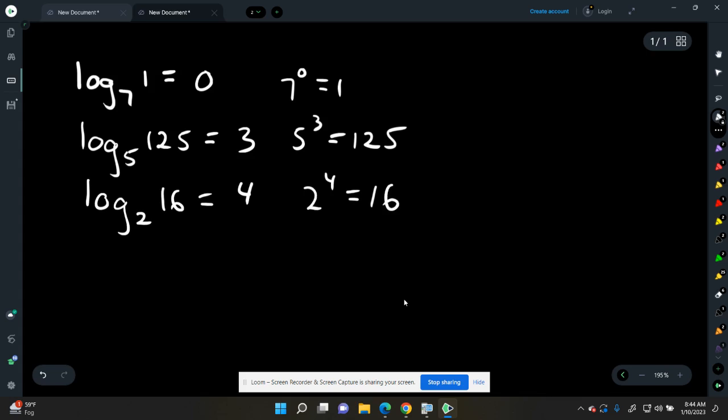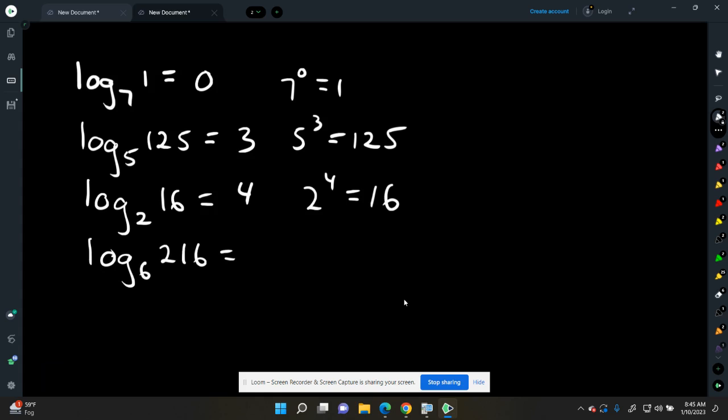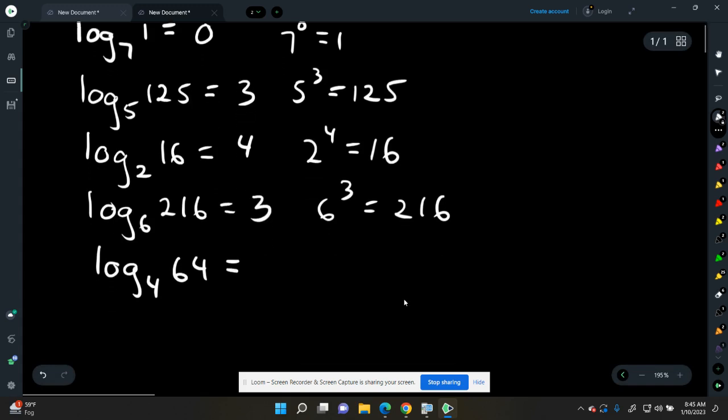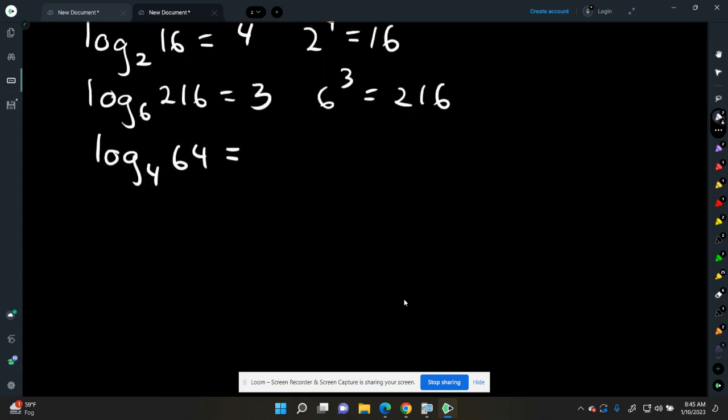We good so far? Here's the hard one. Log base 6 of 216. Who's got that? Jackie. 3, yes. Because 6 to the 3rd equals 216. Number 5, log base 4 of 64. What does that equal? 3, because 4 to the 3rd equals 64.